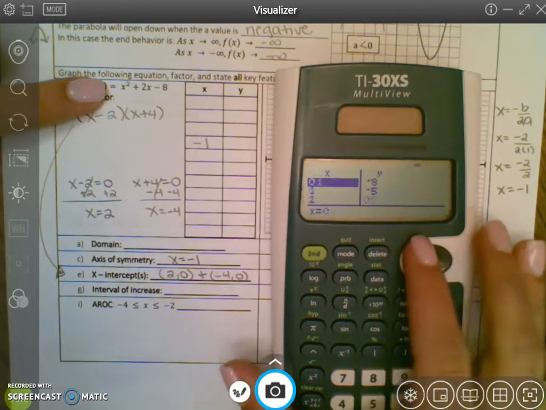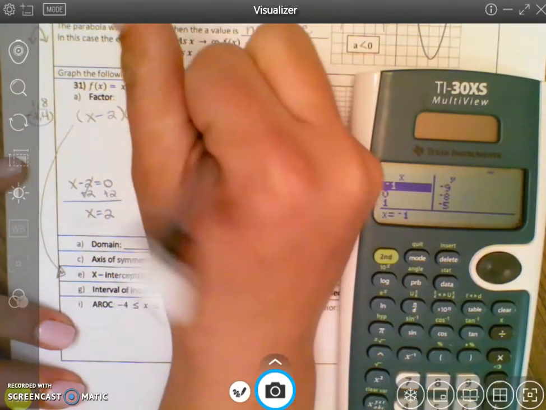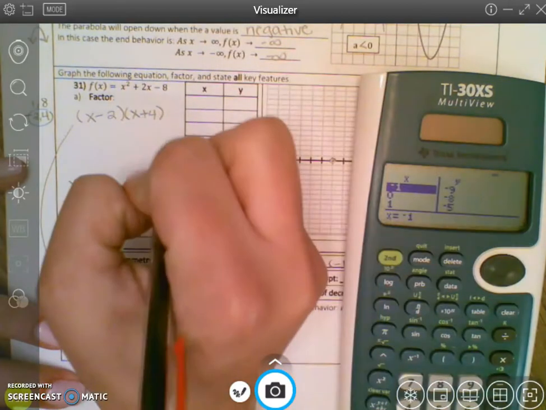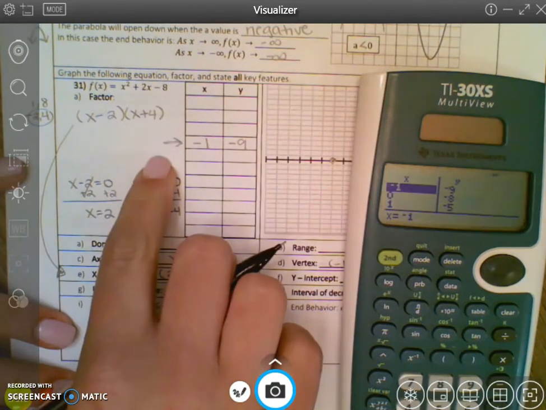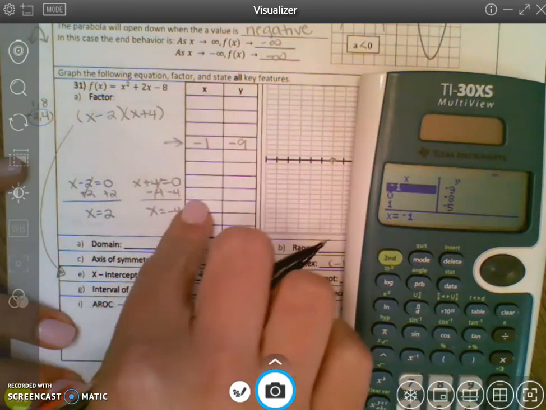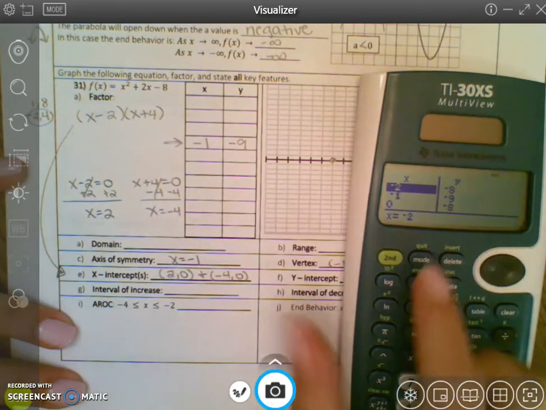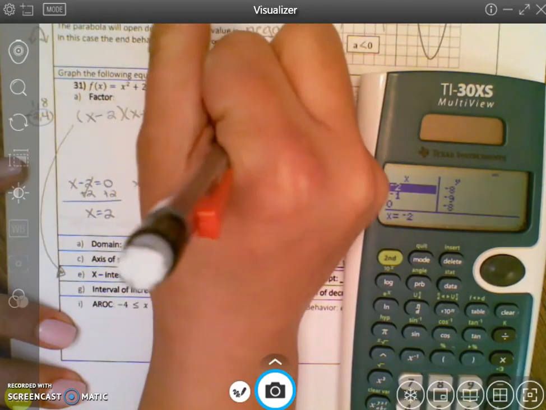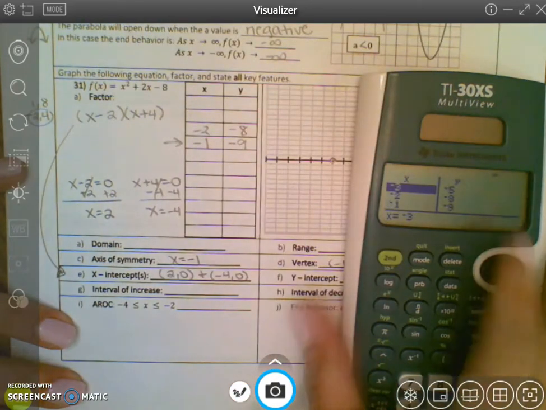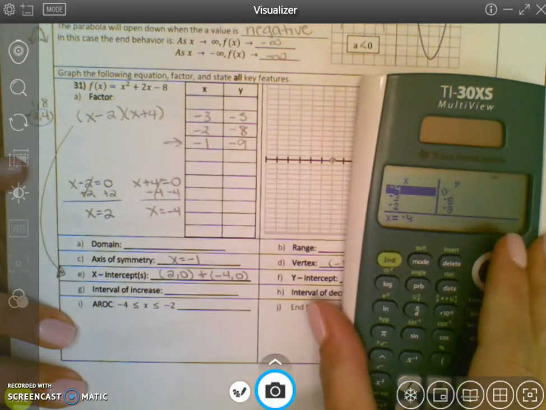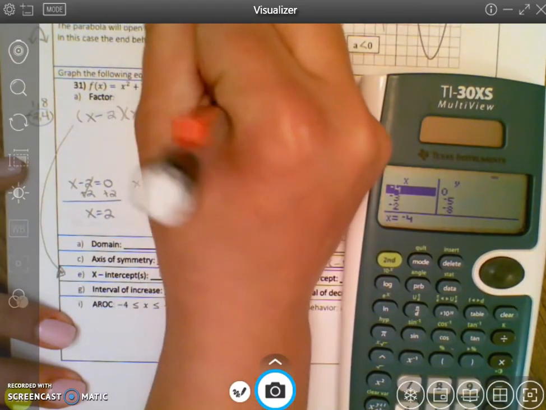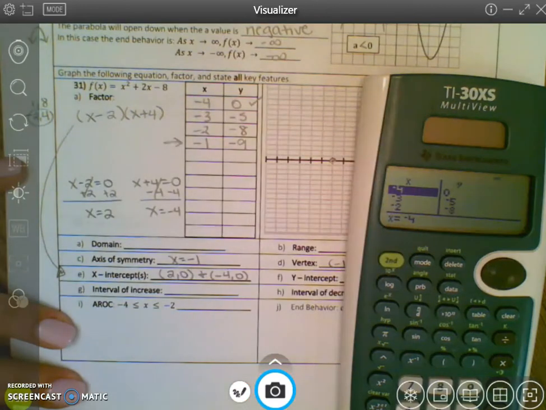Okay, I need to go to negative 1, so negative 1 is negative 9. Okay, so this right here is my vertex, which means this needs to be the middle. So let's choose a couple points smaller and a couple points bigger. So negative 2 is negative 8. Negative 3 is negative 5. And look, negative 4 is 0. We already knew that one. Check. We knew that already.